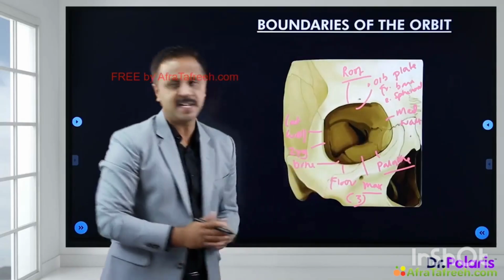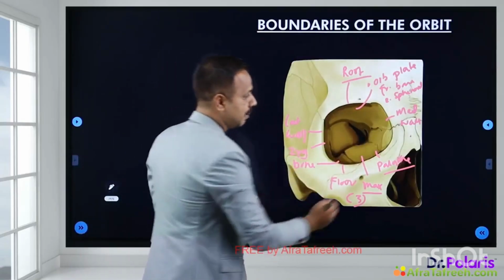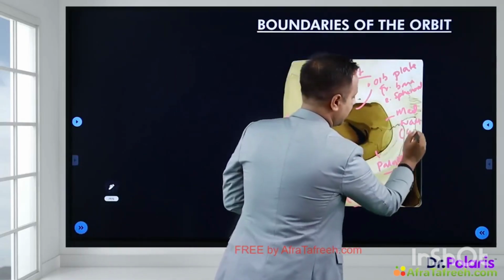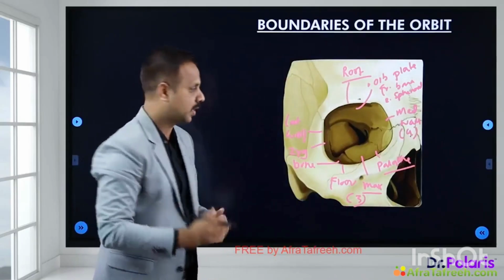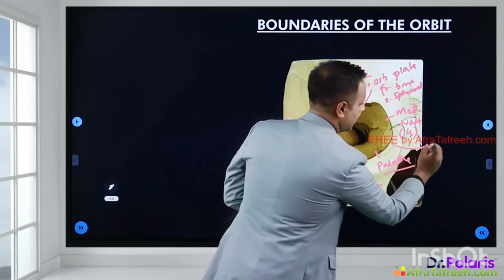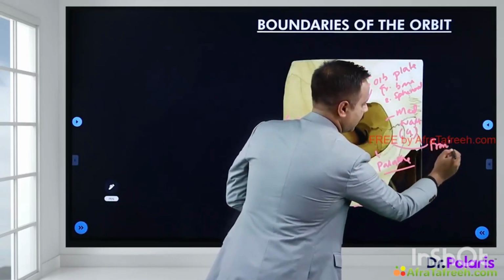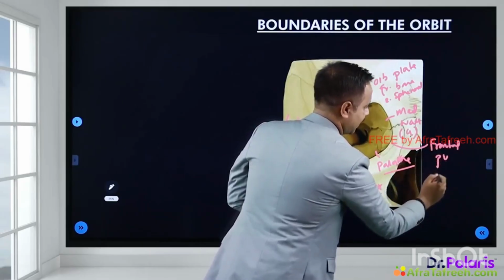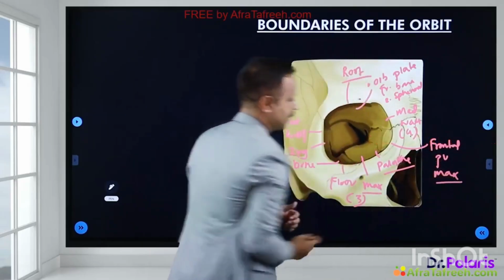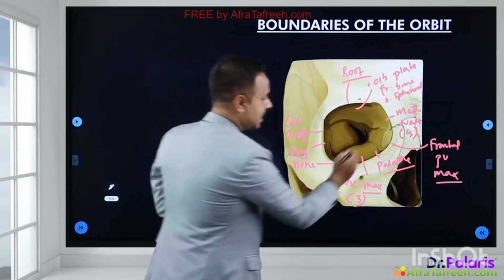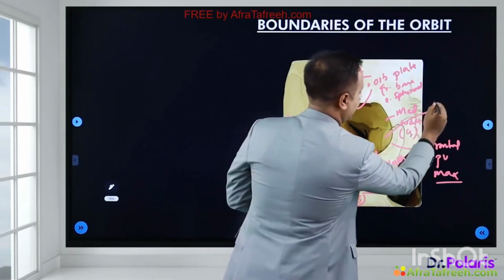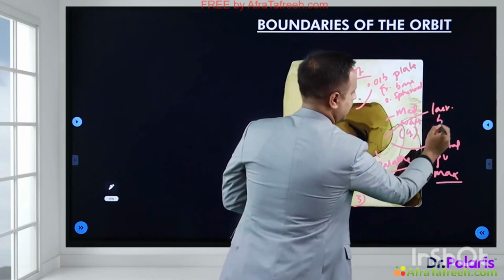Then comes the medial wall. The medial wall, remember, is formed by 4 important bones. What are they? Here we have the frontal process of maxilla. Then there is a thin bone referred to as lacrimal bone.